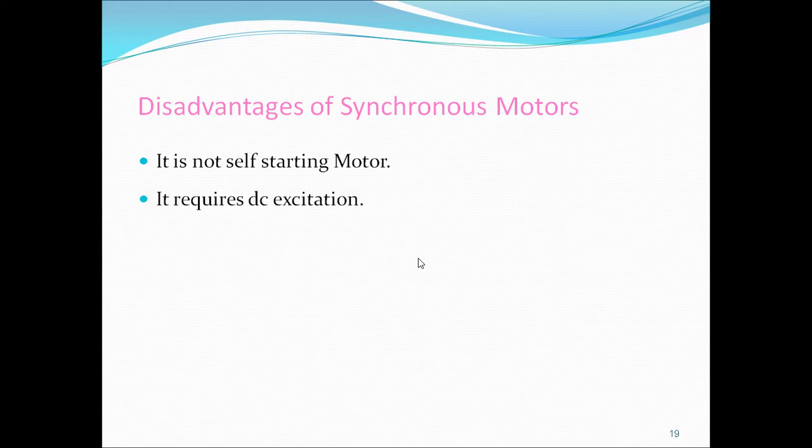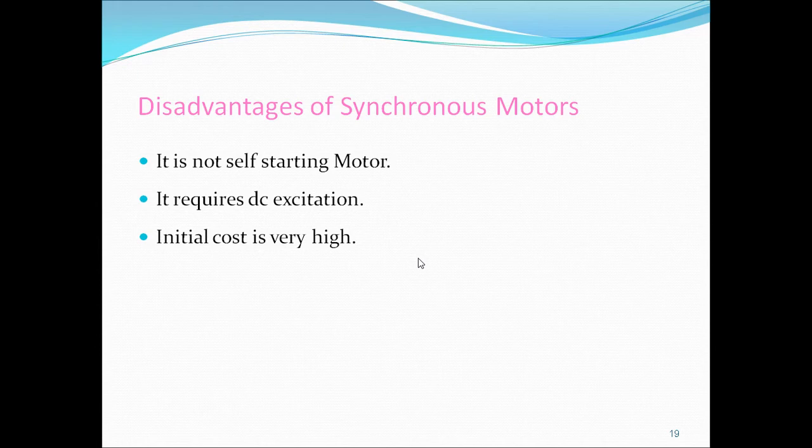Another disadvantage is that it requires DC supply also. DC excitation is required, as we give AC supply, both are required. So an initial arrangement is required for starting the motor, AC supply is required, DC supply is required, and for DC supply we have to take other arrangements and some precautions.